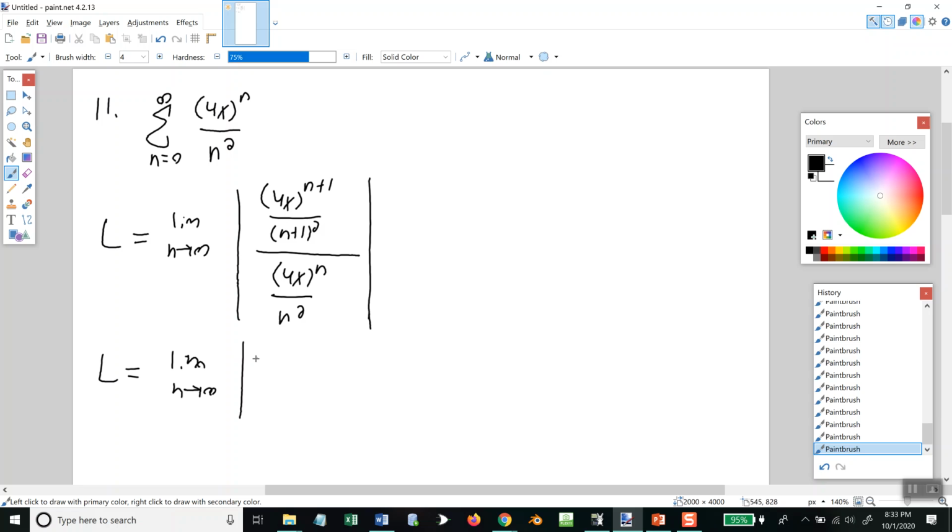The top part, I'm going to rewrite that as 4x to the n power times 4x to the first power, because we can split up the n plus 1 in that manner. This will be n plus 1 squared times, flip the bottom part. That's n squared over 4x to the n.